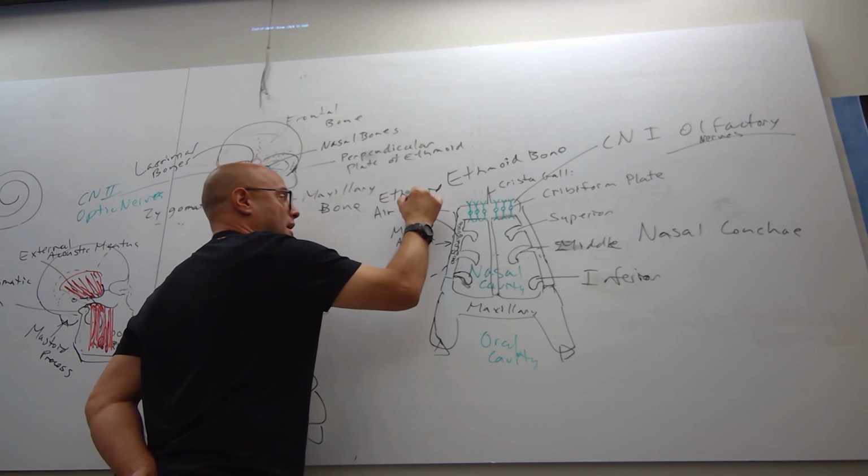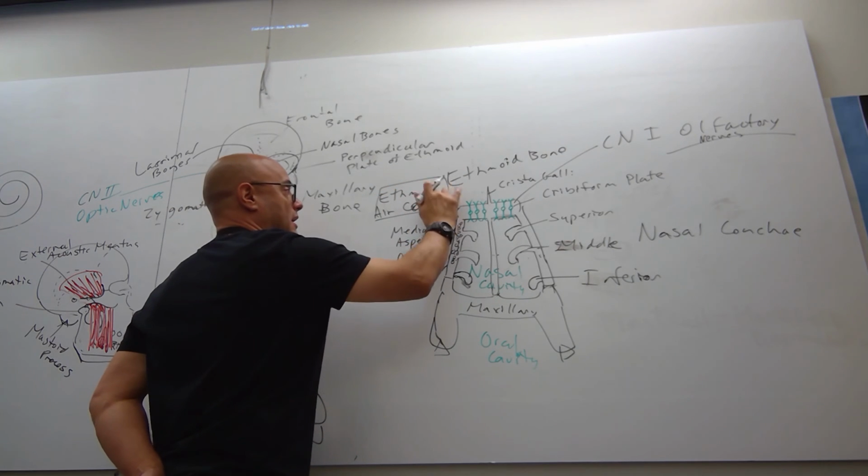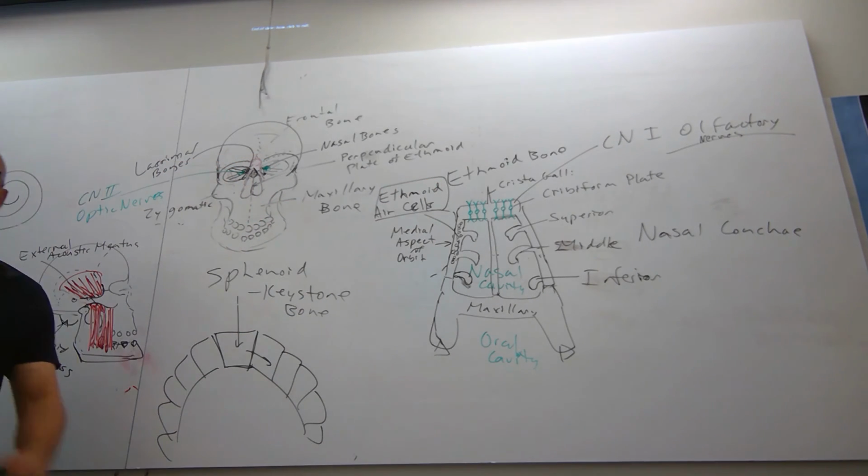Ethmoid air cells. What do they mean by that? Why would I have areas of bone that are kind of like airy like that? So I can trap what smells good and what smells like shit.